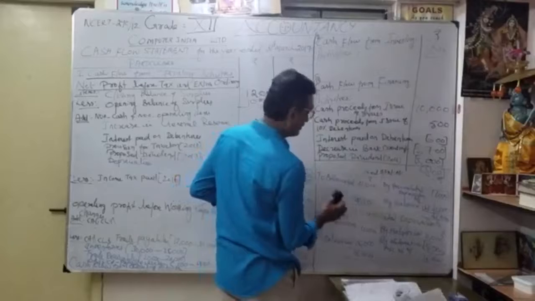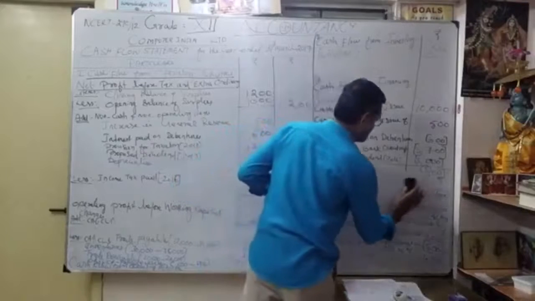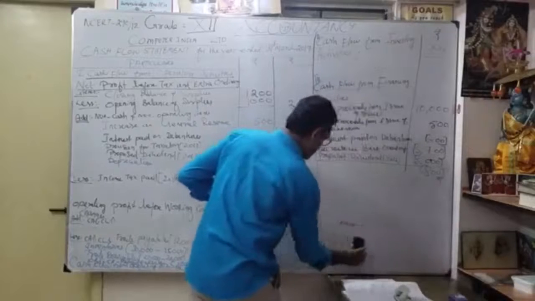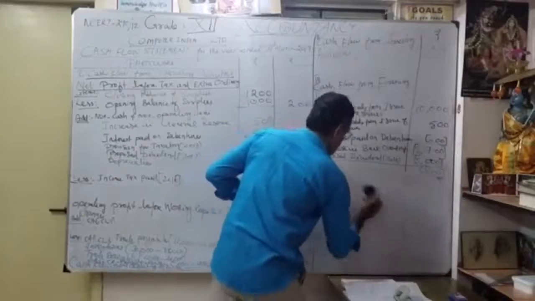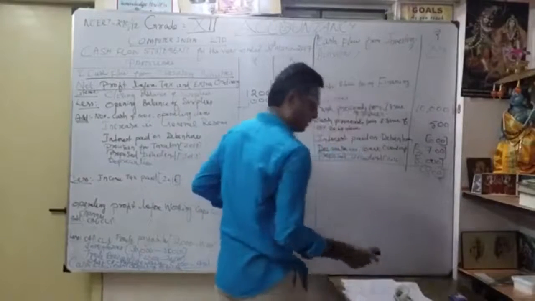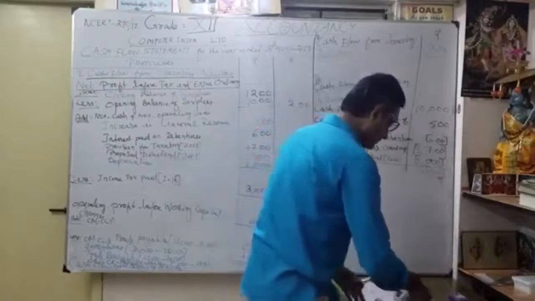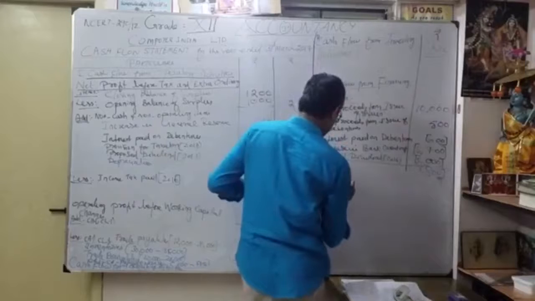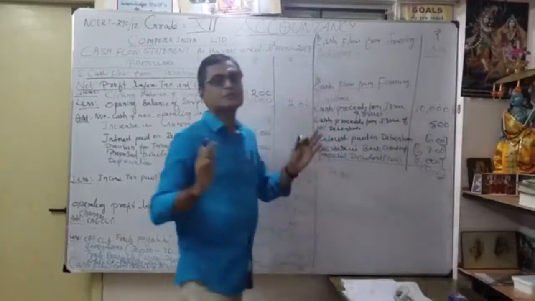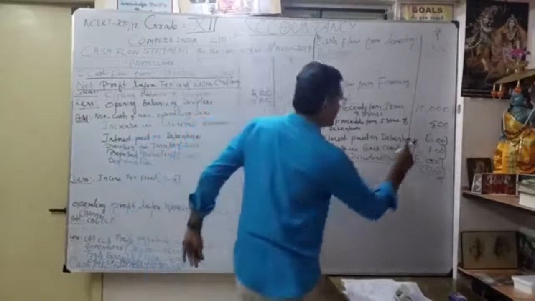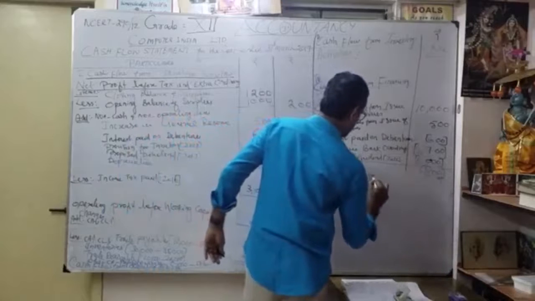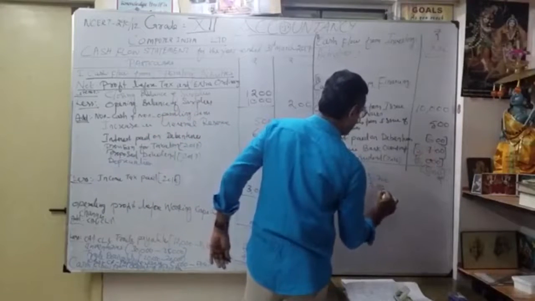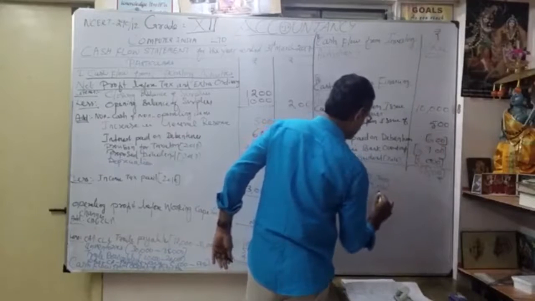I understood this ledger account, right? See here, our 10,000, then 500. Okay, so 10,500 cash inflow. Our outflow is what? 5,700, then 5,000, then this 600.